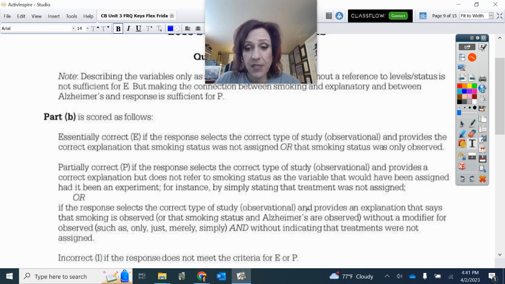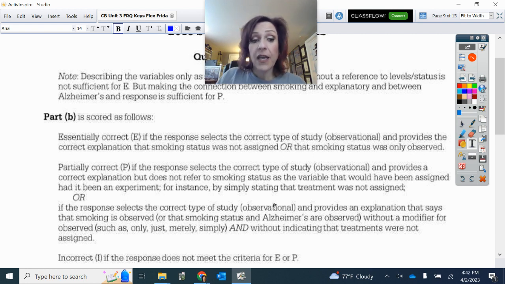If the response selects the correct type of study and then the explanation is that smoking is observed without a modifier such as just or only or merely or simply, and then you also didn't state that the treatments were assigned, then you lost credit. So a couple things they were going for here. The explanatory variable, smoking, was only observed, and or that the smoking was not randomly assigned to the subjects.